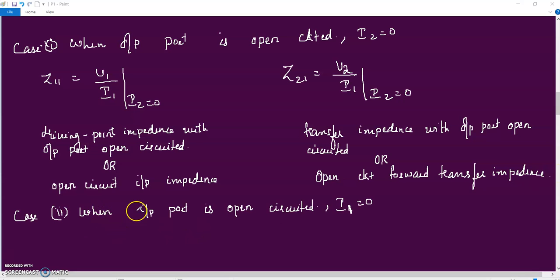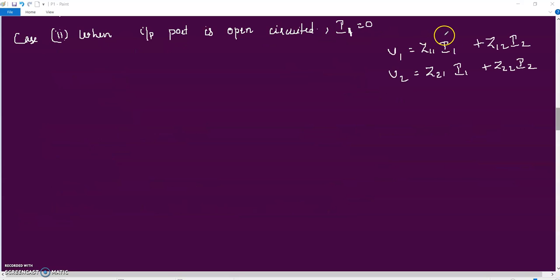Next case, when the input port is open circuited. Input port open circuited means that the input current is equal to 0. Let me write the equation once more. On making I1 0, this term will go to 0. So we can find Z12 and Z22 by open circuiting the input terminal.